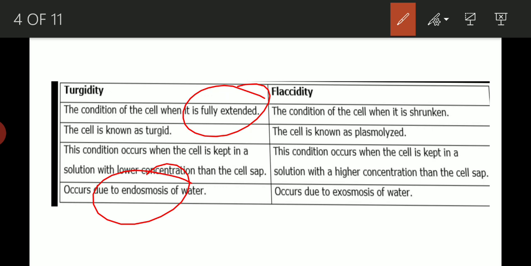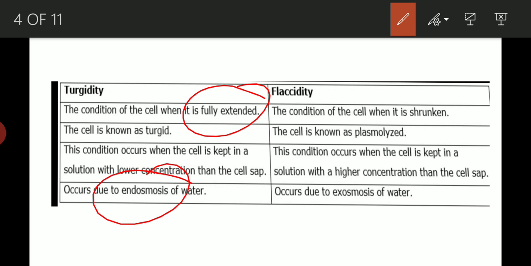So the condition of the cell when it is fully extended, when the cell will not be able to hold any further water, that is known as turgidity. The cell wall is absolutely rigid and stretched by an increase in the volume of the vacuoles. Why? Due to the absorption of water. So whenever the cell is kept in hypotonic solution, this turgidity will occur. Then we will call it a turgid cell. So it is basically occurring due to endosmosis of water.